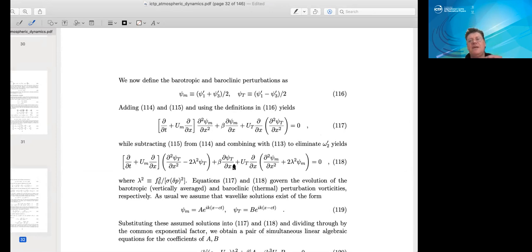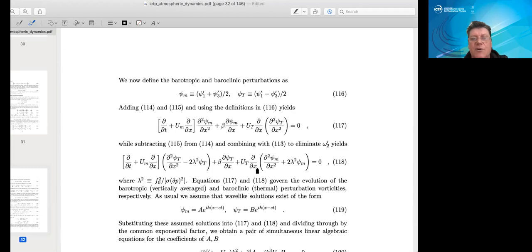So now we have simply transformed our set of 3 equations into a set of 2 equations by eliminating omega 2. We managed to derive 2 equations for the mean stream function perturbation psi m and the stream function change, perturbation change with height, psi t, because omega has been eliminated here.